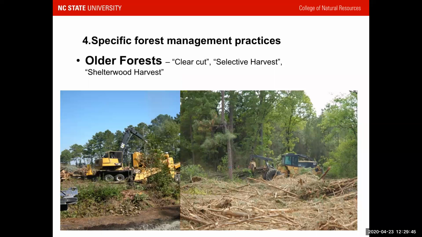And for our older forest, we want to look at whether we're going to do a clear-cut harvest, a selective harvest, a shelterwood harvest, and how we're going to do those. You may need to have a plan about stream crossings, those sort of things in there as well. So those are some of the specific practices that you'll have to have in those plans.